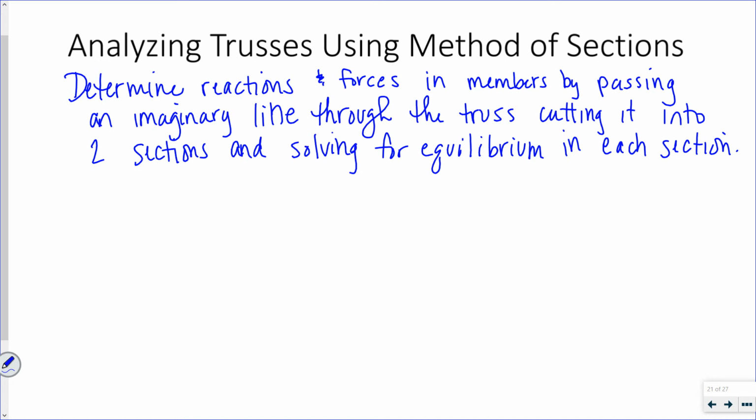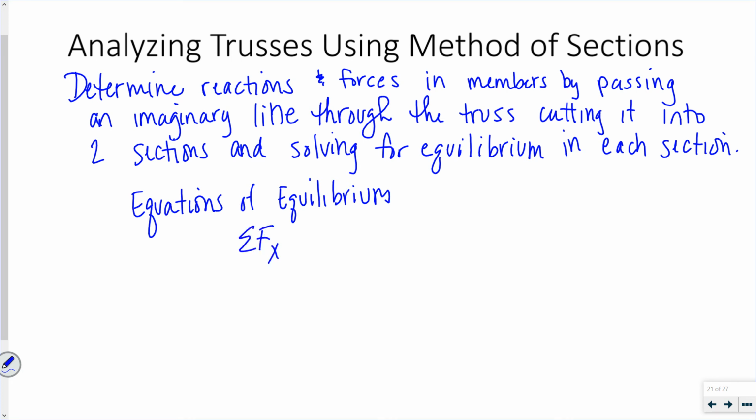So what equations of equilibrium can I use for the method of sections? I actually get to bump up to 3. I can do the sum of the forces in the x direction. Again, this is a 2D truss, so we only have 2 forces.